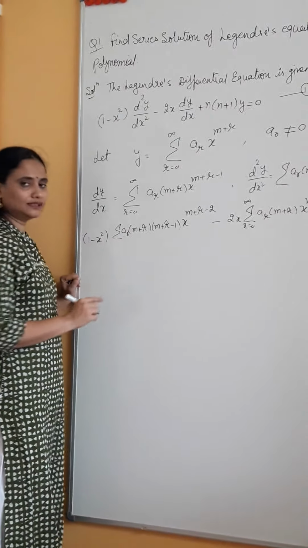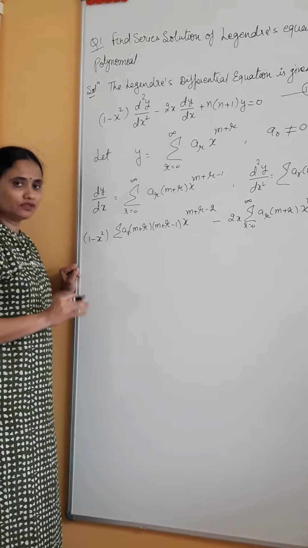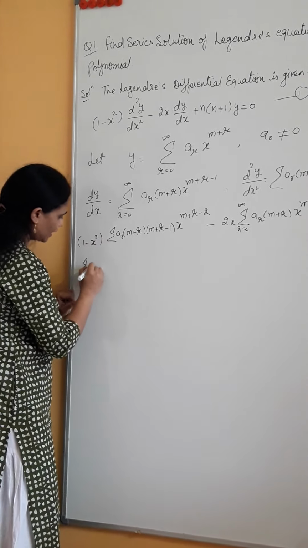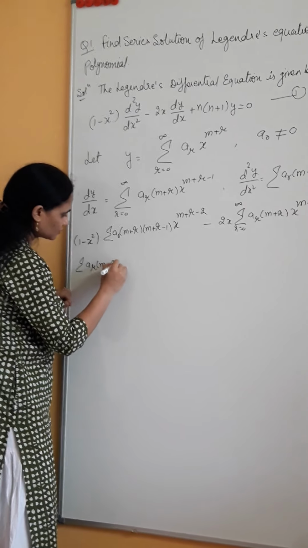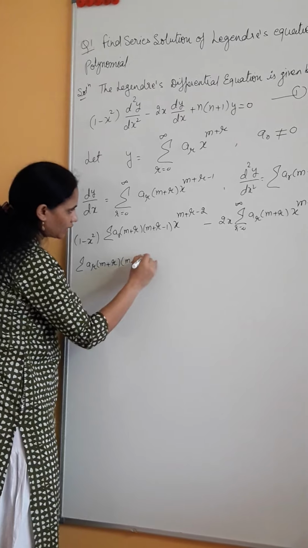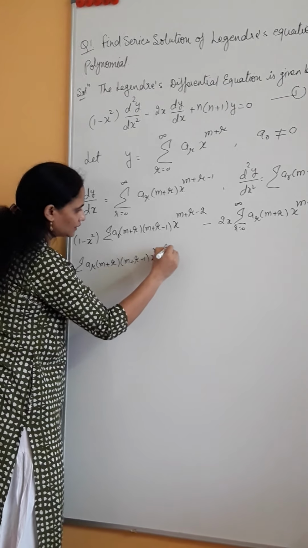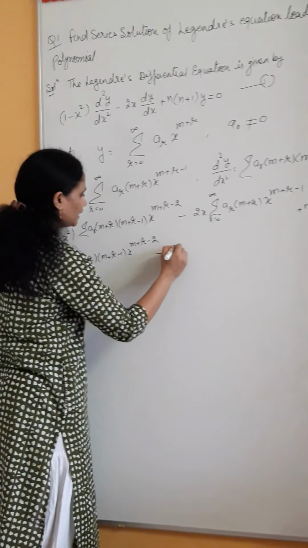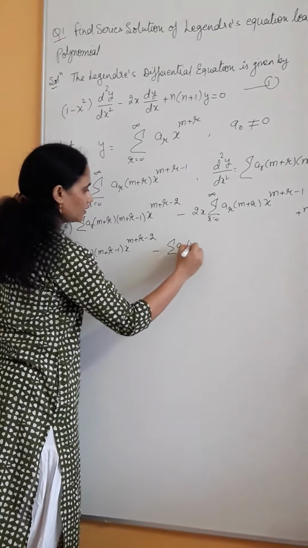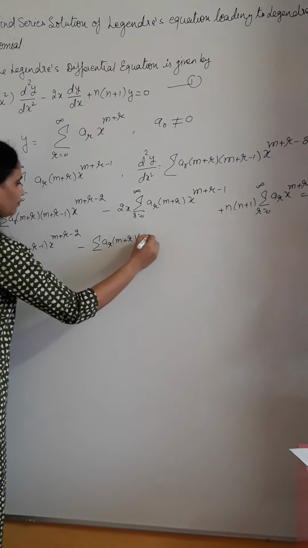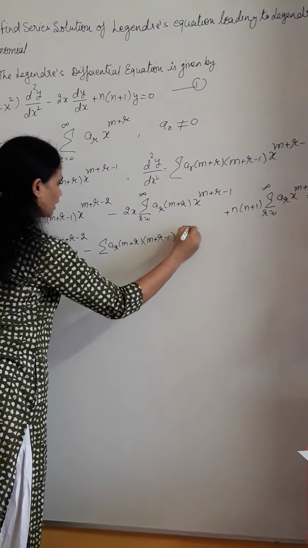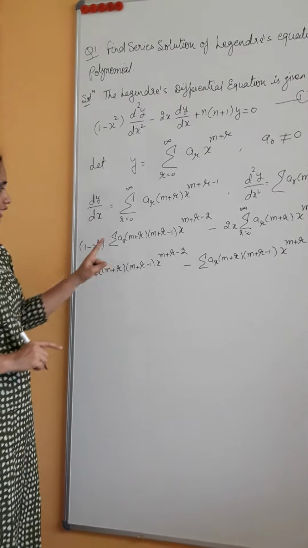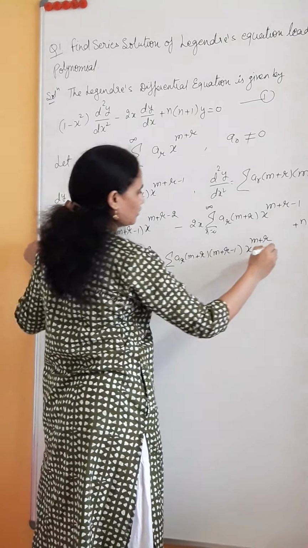Now let's simplify this and see what are the final powers of x we are getting. When we multiply 1 with this term, we are getting a_r (m plus r)(m plus r minus 1) x power (m plus r minus 2). And then when x square is multiplied with this term, minus summation a_r (m plus r)(m plus r minus 1) x power (m plus r), since the powers add when multiplied, we are getting the final power as m plus r.